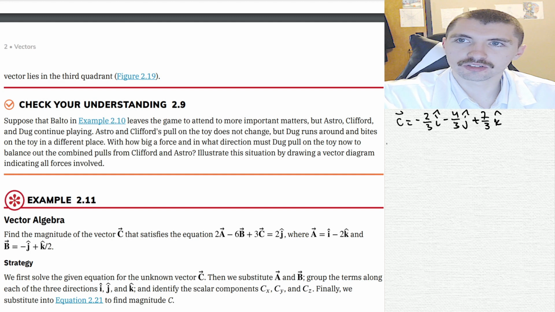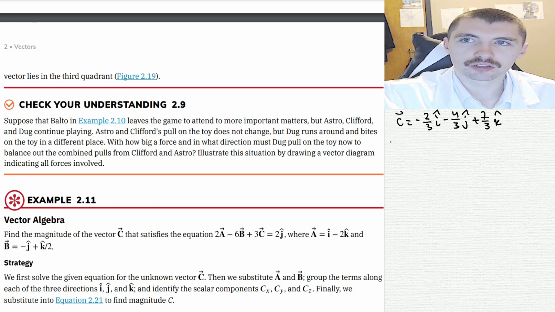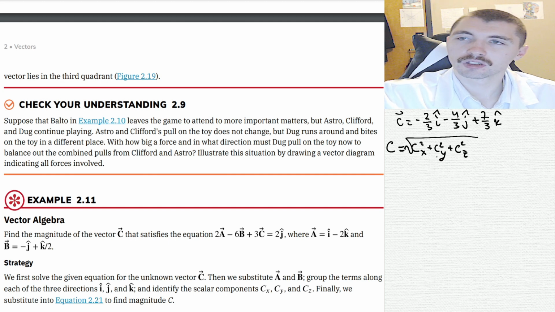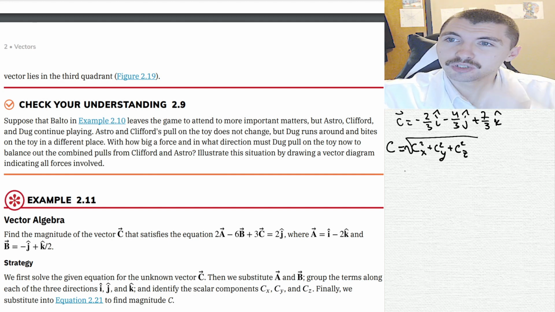Now we want the magnitude. So to find the magnitude of C, we need to find the components.